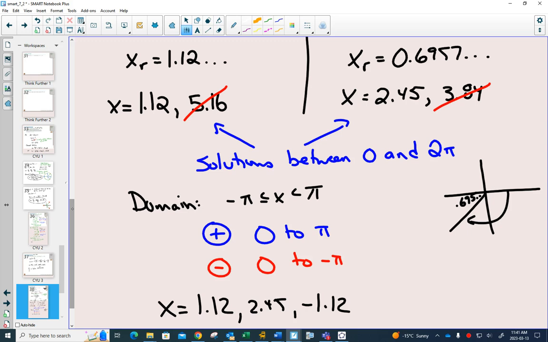Can you see that this angle in the negative direction would be identical, because we already figured this one out to be 2.45. Does it make sense that when we're going in the negative direction, then this will be negative 2.45 without having to do any extra mental math? And so those are the answers over the domain that they asked for.